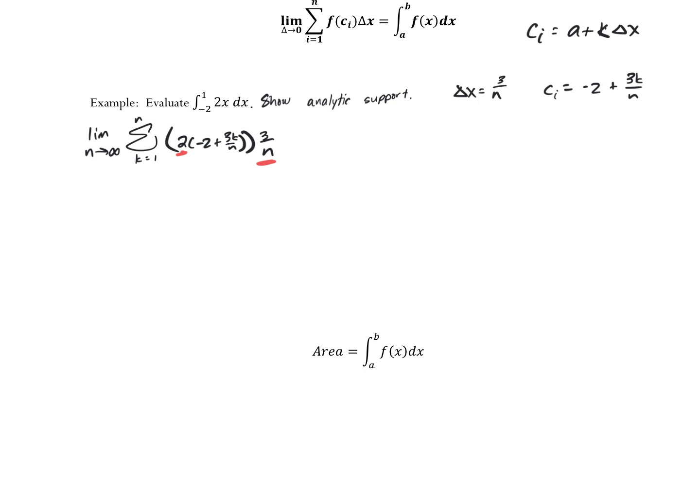Between this 2 and this 3, those equate to 6 over n, and then I'll multiply that by the inside. Is everybody good with that? So I would get the limit as n approaches infinity of the summation of k equals 1 to n of negative 12 over n plus 18k over n squared.